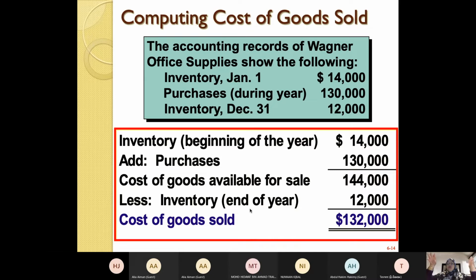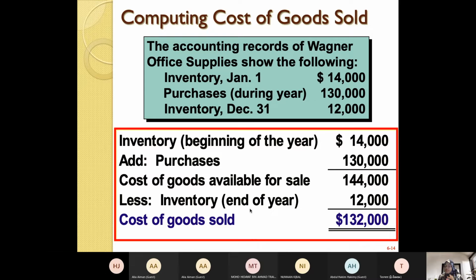It means that from 144,000, I have made sales of 132,000. Why? Because from 144,000 goods available for sale, I only have 12,000 left in my inventory. So I have made sales of 132,000, and this 132,000 is what we call cost of goods sold.